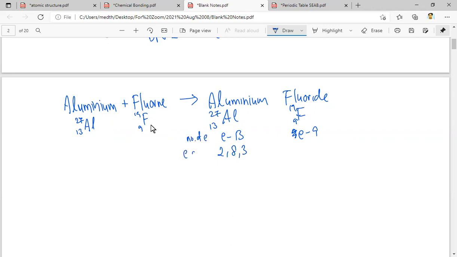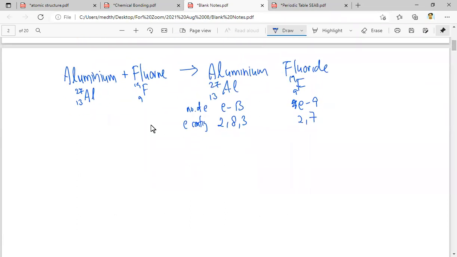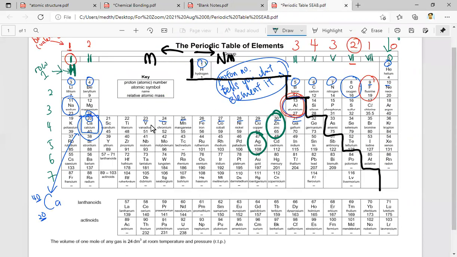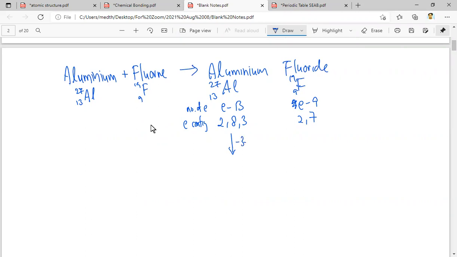Next, I'll go into the electronic configuration. For fluorine, this one will be 2, 7. Next step, remember, in bonding the key idea is to make sure that my valence shell is fully filled. So for aluminium, because it's a metal, the bonding number is 3, so it will lose 3 electrons.